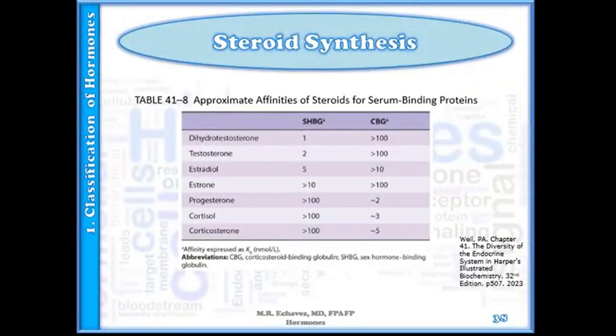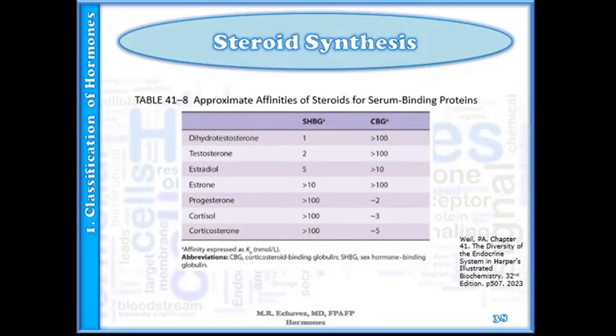Cortisol binds tightly to your corticosteroid binding globulin and has a half-life of 1.5 to 2 hours, while corticosterone, which binds less tightly, has a plasma half-life of less than an hour. The unbound or free cortisol is about 8% of the total and represents the biologically active fraction.